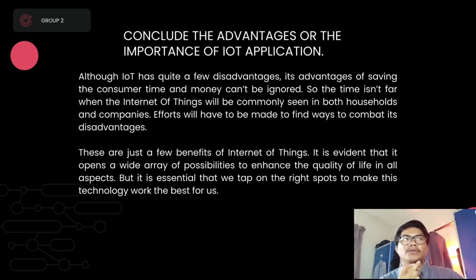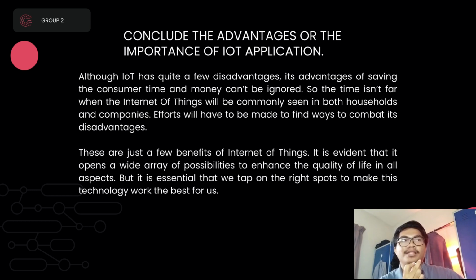Now I will conclude with the advantages and importance of IoT applications. Although IoT has quite a few disadvantages, its advantages of saving the consumer time and money cannot be ignored. The time isn't far when the Internet of Things will be commonly seen in both households and companies.